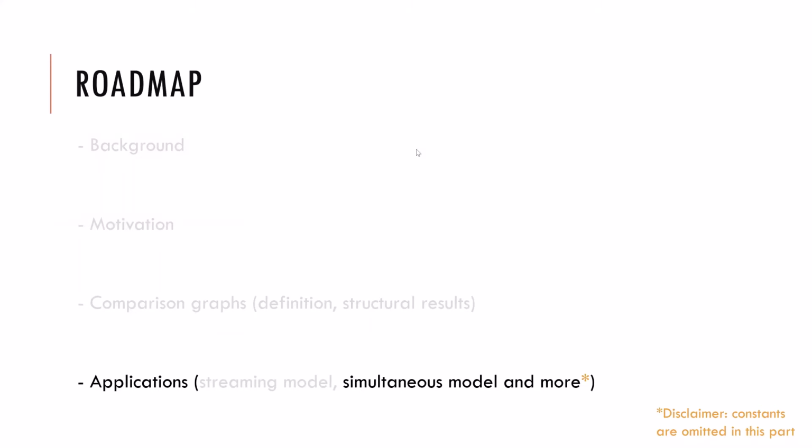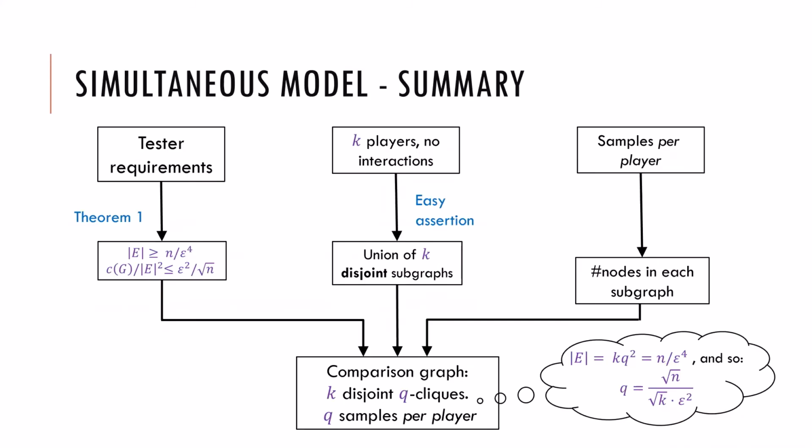So let's have a quick look at the simultaneous model and how we can apply our generic recipe to it. The constraint of the model, without going far into the details, is that we have k players, but they cannot interact. Each of them can obtain samples and send a short message to the referee. They cannot interact with one another.